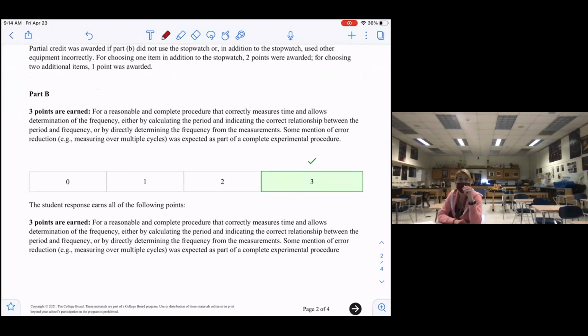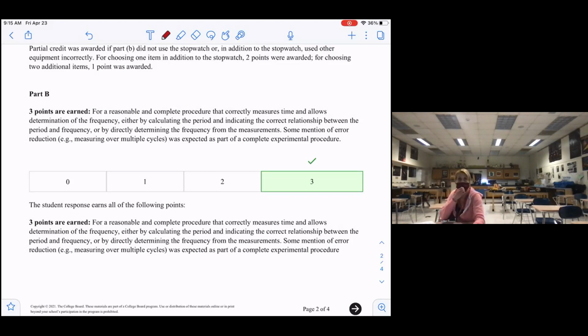Usually these things might be broken down into a point-by-point type thing, in that experimental procedure would be one of the points, saying what to do correctly as a point and not doing anything incorrect as a point. So one correct use of the stopwatch, one correct use of the data from that.